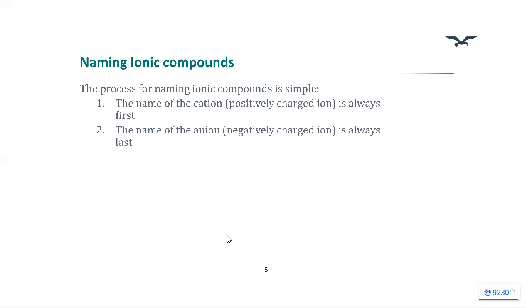If we can recognize ions by their formula, then it just becomes a matter of putting the names in the correct order. And if we have to flip it around and turn names into formulas or formulas into names, then we recognize that the formula has the same way of putting itself together. The cations first, the anions last.